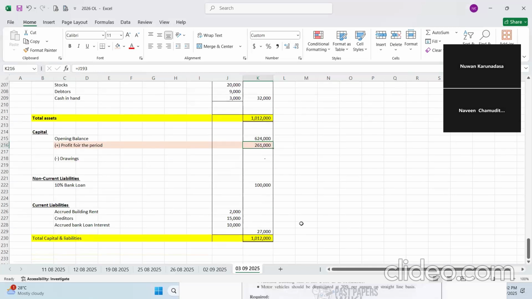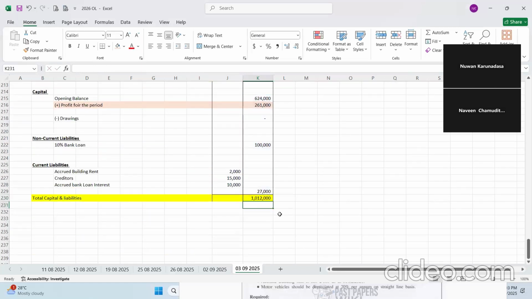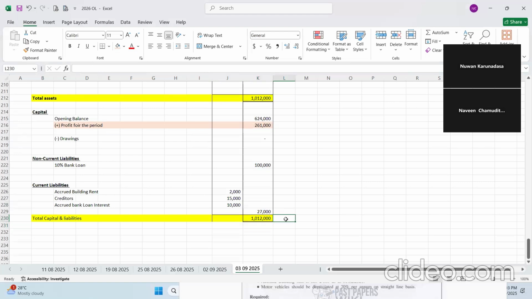Then the question is balancing at 1,012,000. So easy. Done.